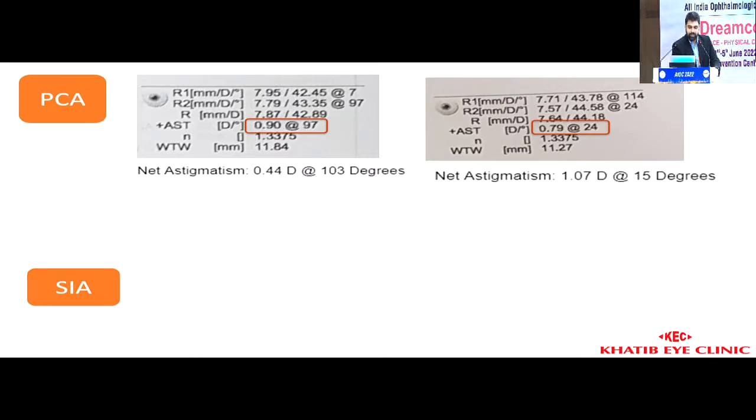In the first case, 0.9 at 97, the net astigmatism considering both anterior and posterior became 0.44 at 103. So it came down significantly, whereas the net astigmatism for the against-the-rule case went from 0.79 to 1.07 at 15 degrees. So when you consider the posterior cornea, the astigmatism for with-the-rule has reduced and for against-the-rule has increased. This is the effect of the posterior cornea.